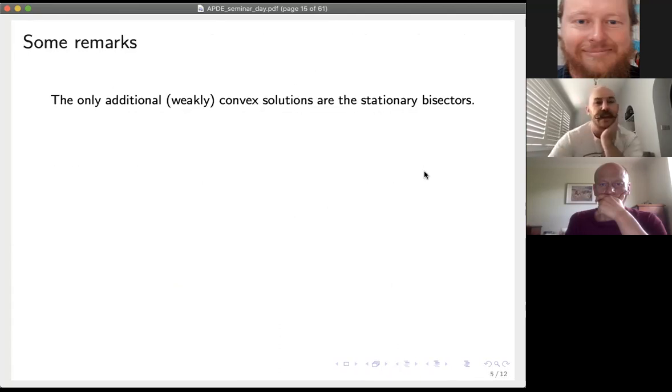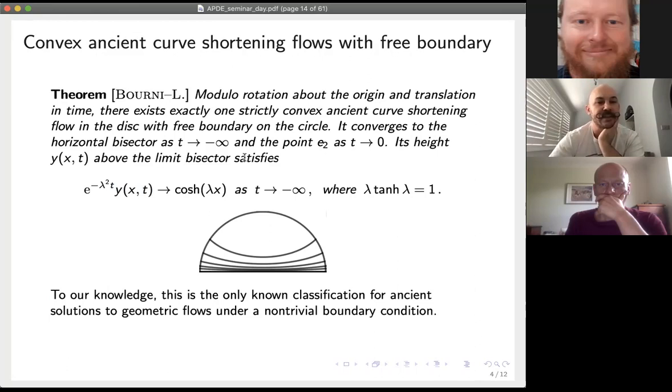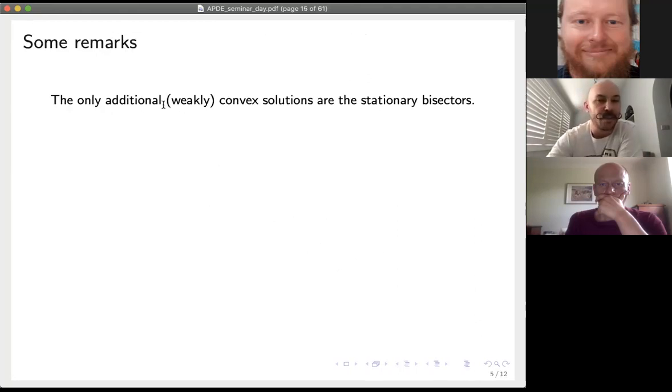So let me mention a couple of things first. This classification applies to strictly convex. So this is the unique strictly convex solution. If we relax that to weakly convex, then a very simple argument shows you that the only additional things you get are the stationary bisectors of the disk.